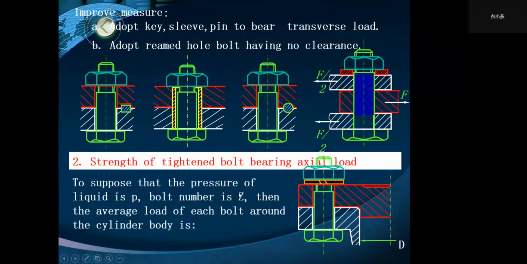We suppose the pressure of the liquid is P and the bolt number is Z. Then the average load of each bolt around the cylinder body is F equals P times the area S divided by the number of bolts.